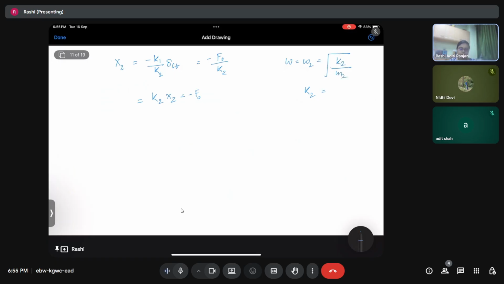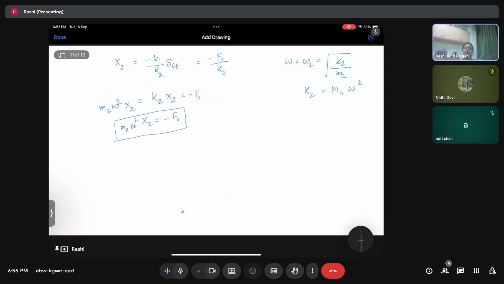k2 by m2, it should be like this. So I can write k2 as nothing but m2 into omega square. Here I can replace this as m2 omega square x2. First thing to keep in mind is that x2 has a direction opposite to f naught.